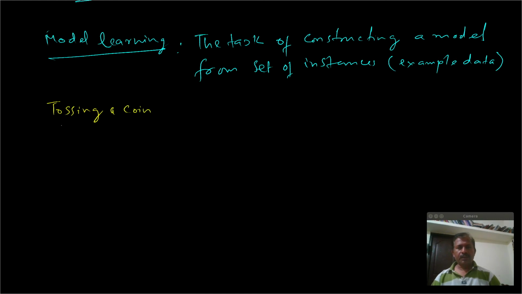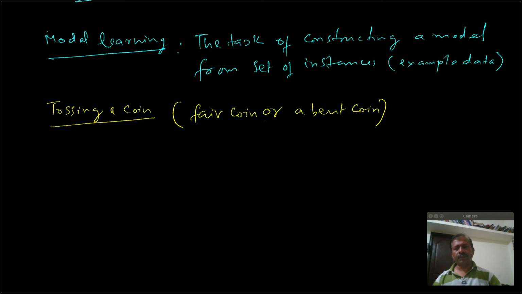In this case, I don't know whether I have a fair coin or a bent coin. So I cannot just assume that the probability of getting a head is 50% or 0.5.